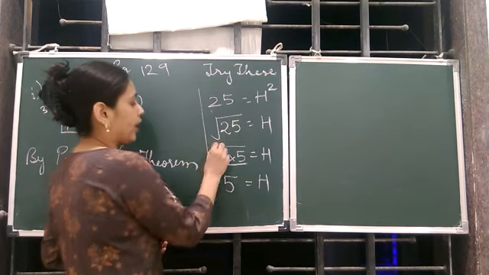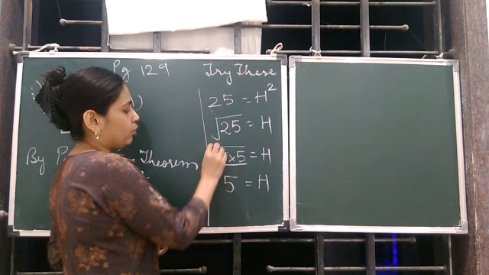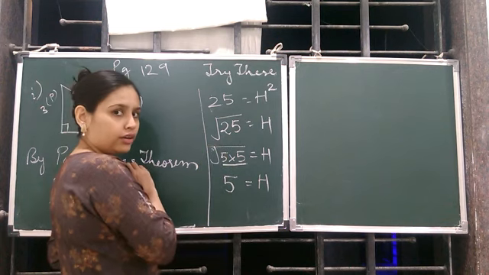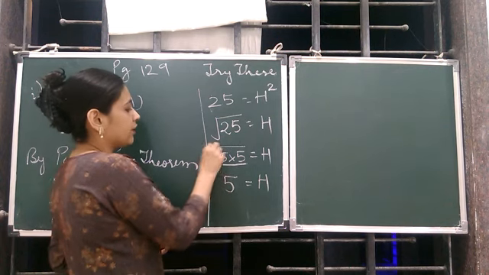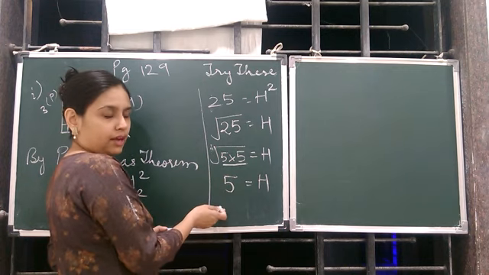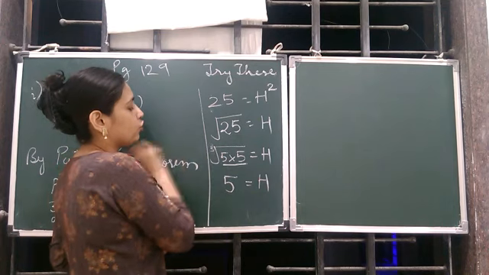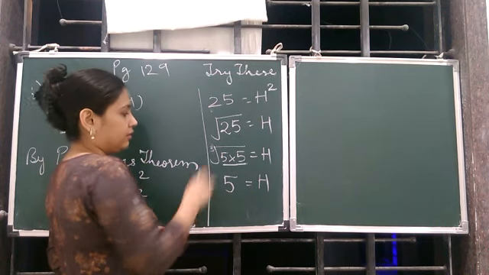When nothing is written on the root, it means it's a square root. When 3 is written, that means cube root. And when 4 is written, that means the group of 4 will come out. Clear? And when it is cube root, three come in and one comes out.